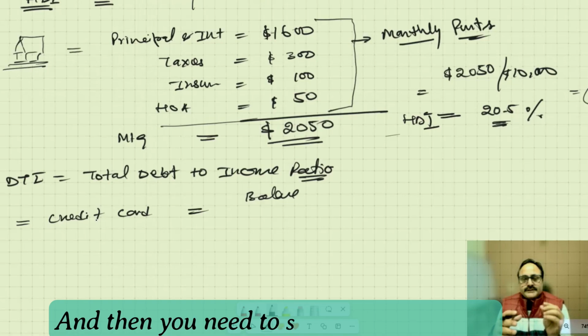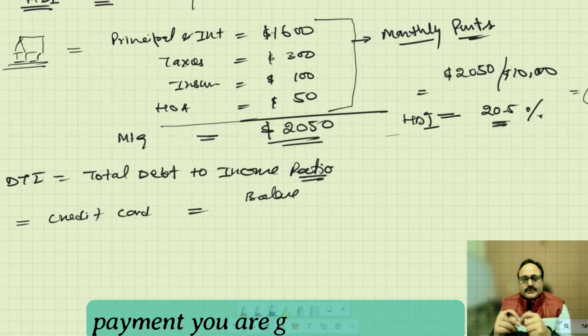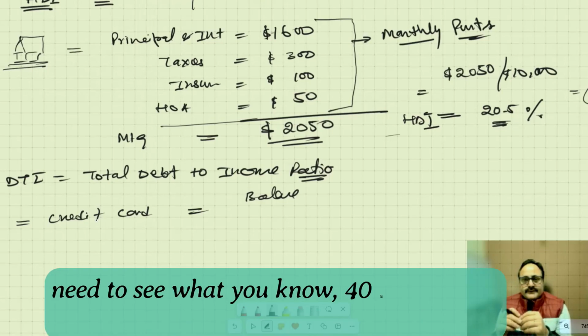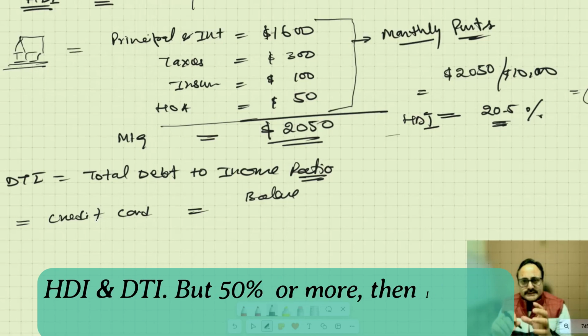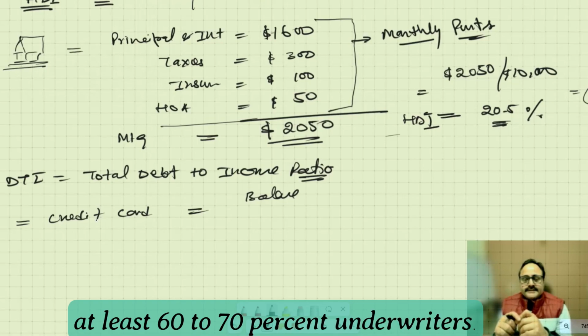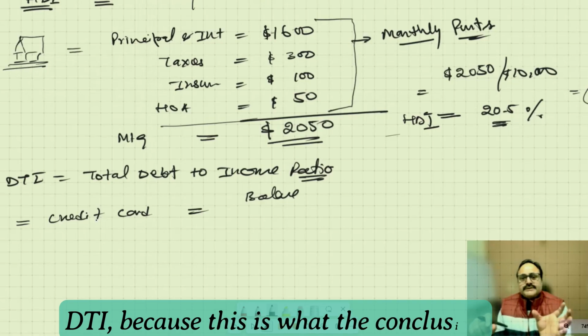And then you need to see what my HDI is, what my housing payment is. With the housing payment, you again need to see the 40% and 45% for my HDI and DTI. But at 50% or more, I would say at least 60 to 70% of underwriters become confused in the DTI, because this is the conclusion of underwriting.